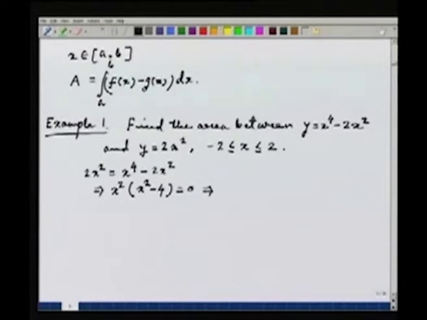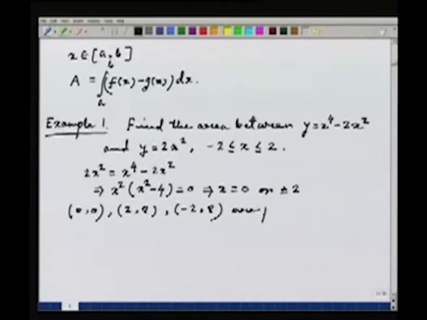That would imply x equal to 0 or plus minus 2. Now if I put x equal to 0, then I get y equal to 0. So (0, 0) is one point of intersection of the two curves, and the other points are (2, 8) and (minus 2, 8). These are points of intersection.